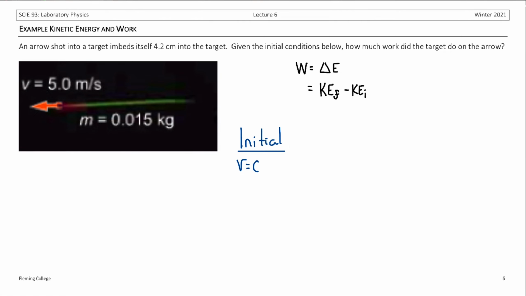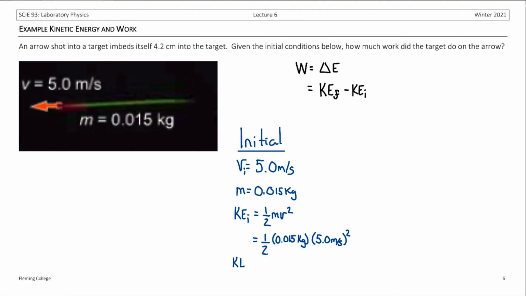So if we know the initial velocity is 5 meters per second and the mass is 0.015 kilograms, using kinetic energy is equal to 1/2 of mass multiplied by velocity squared, and substituting our information, we can get an initial kinetic energy of 0.1875. Our units here can be a little confusing.